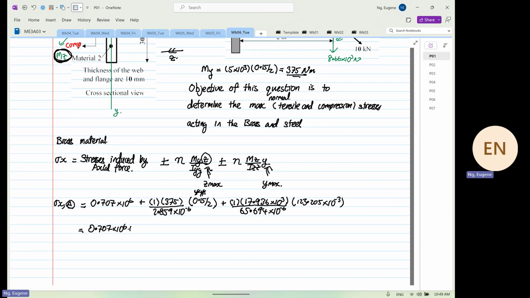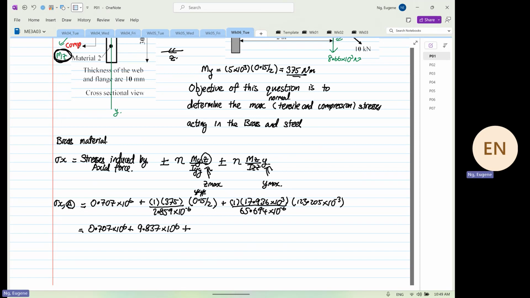times 10 to the power 6 plus 375 times 0.15 divided by 2 divided by 2.859 times 10 to the power minus 6, which is equal to 9.837, and then plus 1 times 1717.936 times 10 to the power 3 times 123.205 times 10 to the power minus 3 divided by 65.694.